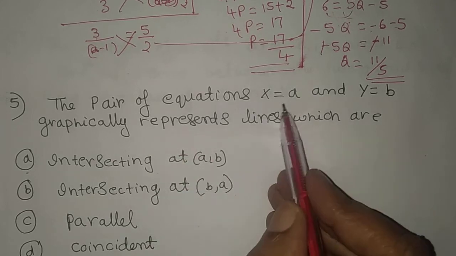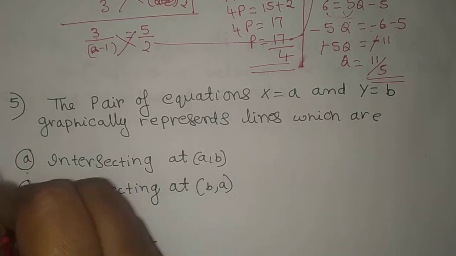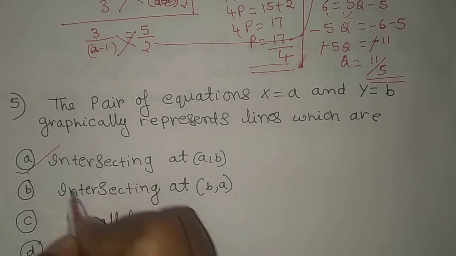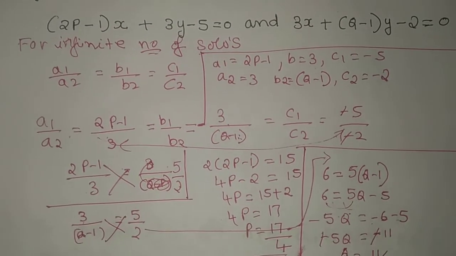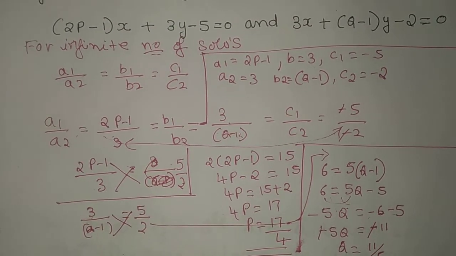The answer here is intersecting at (A, B). This completes the fifth. We move on to the sixth one.